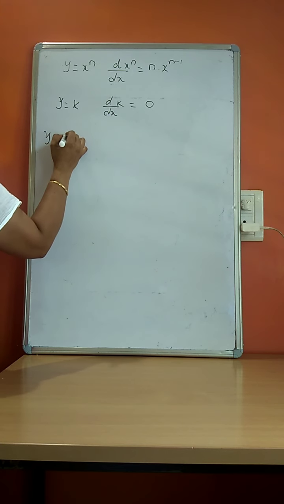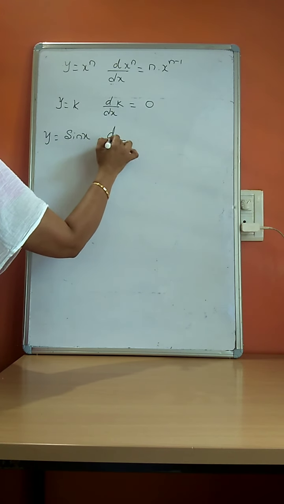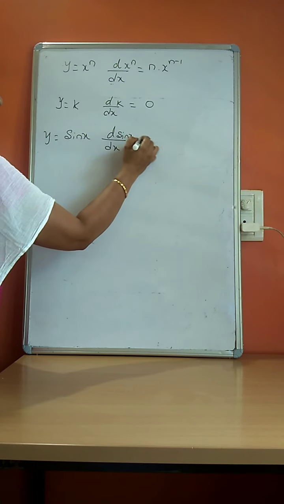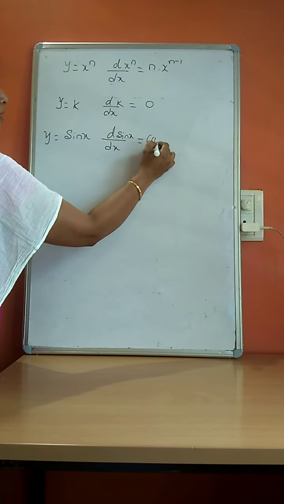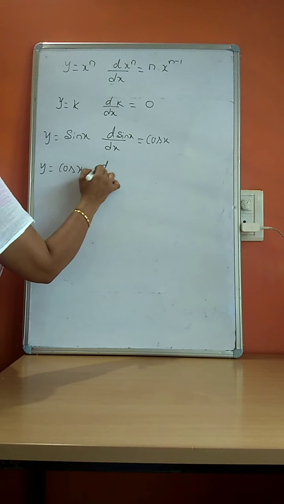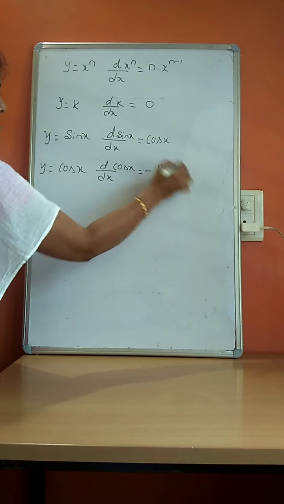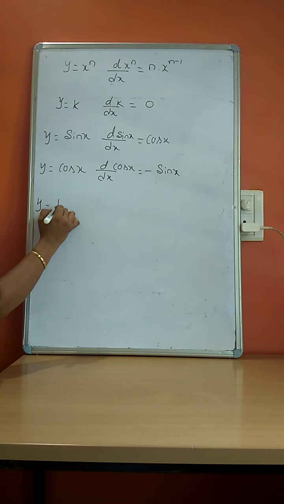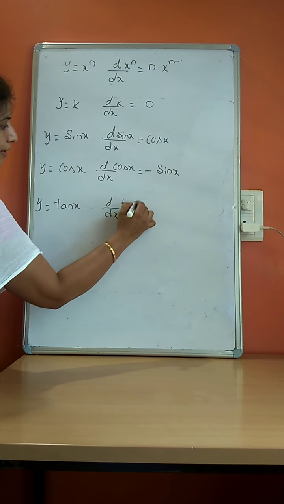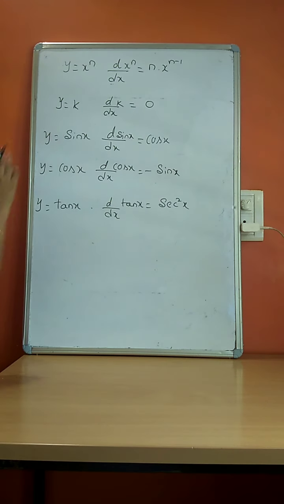If y is equal to sin x, differentiation of sin x is cos x. If y is equal to cos x, d by dx of cos x is minus sin x. y is equal to tan x, d by dx of tan x is secant square x. These are very important formulas.